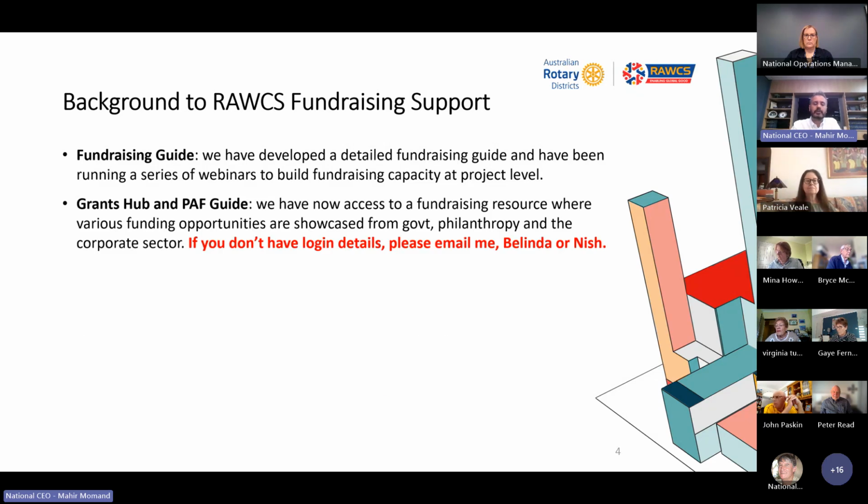The second thing is you may also be aware that we now have access to Grants Hub and also Path Guide. These are two different platforms to which we pay a subscription, and we have made that subscription available to each and every one of you. You can log in with our username and password and see all sorts of funding opportunities, whether those are from government, from the philanthropic sector, or from the corporate sector. If you don't have your login details, please email myself, Belinda, or Nish, and we'll provide you those details.